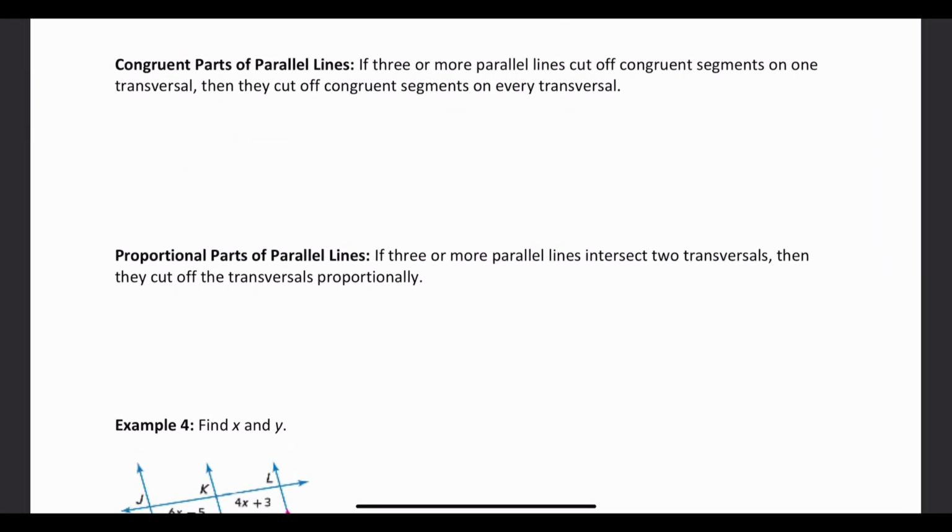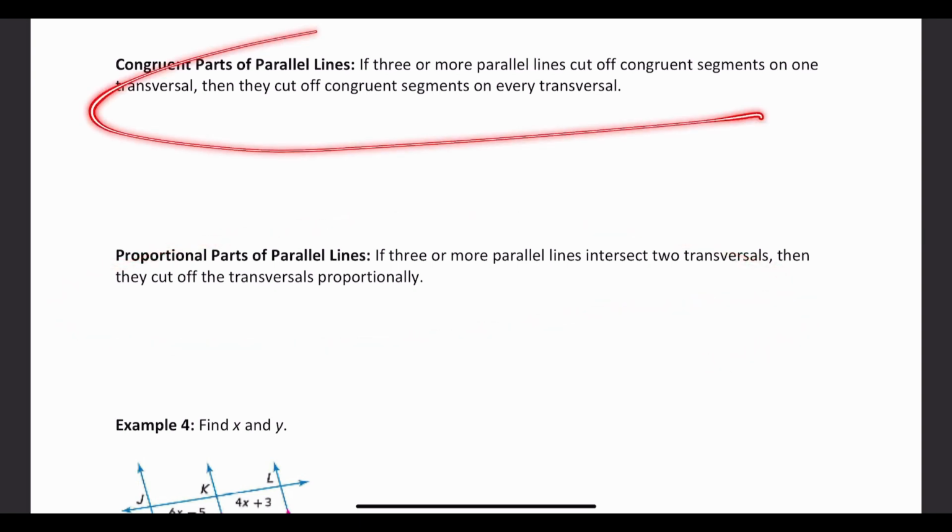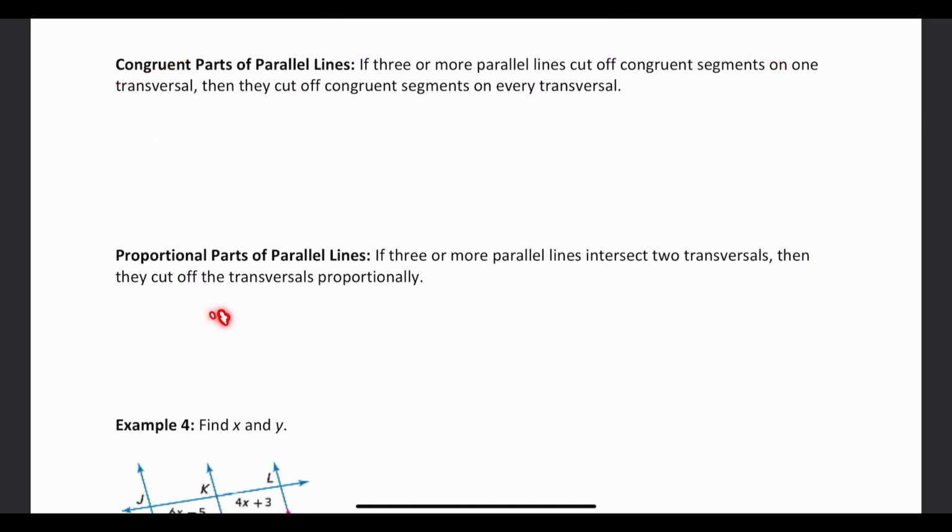Now I'm going to look at these two theorems. We have the congruent parts of parallel lines and the proportional parts of parallel lines theorems. I'm going to start off with this one. If 3 or more parallel lines intersect two transversals, then they cut off the transversals proportionally.